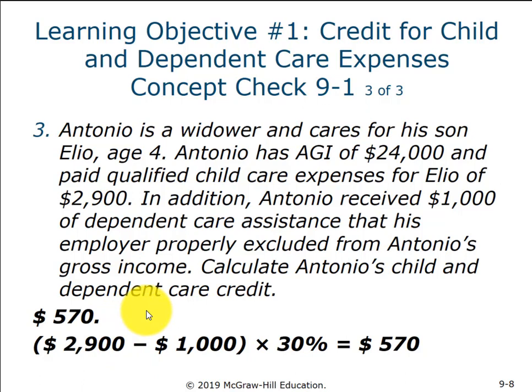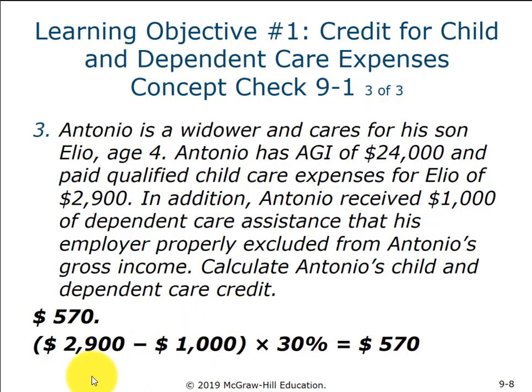Remember our three numbers. Income, that's high enough. We have some income. We spent $1,900, or a maximum of $3,000 is the third number.